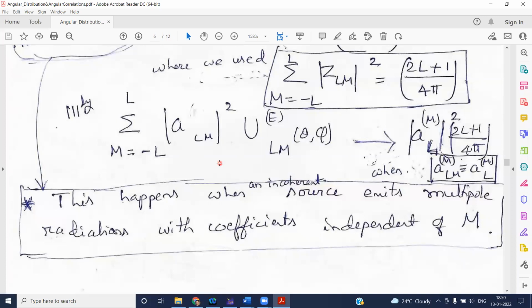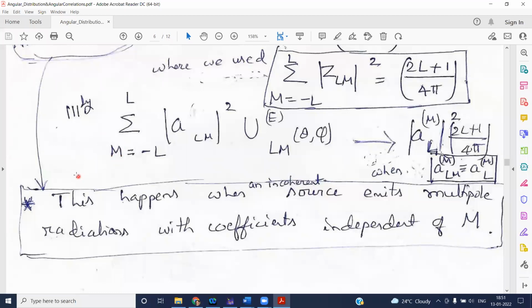Fine. But now, nature plays a big role here. What nature says is, if you sum over the m value, that is what happens automatically when you count the radiation. Because when you are counting radiation in different directions, you don't know the m value. I have to sum over that.